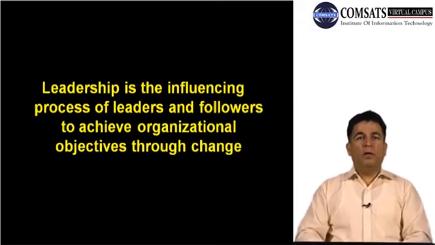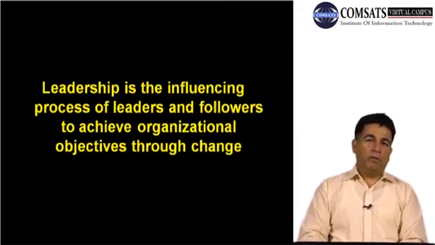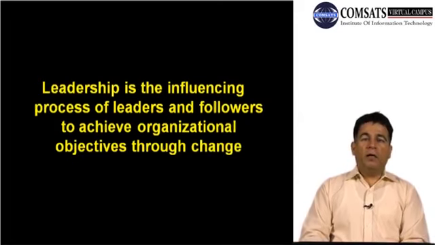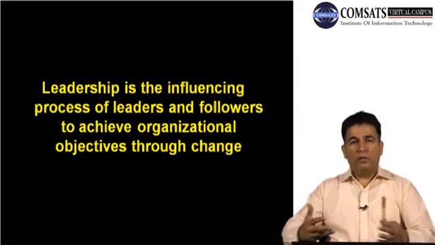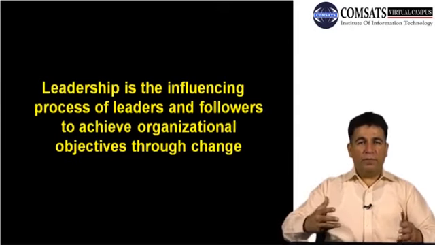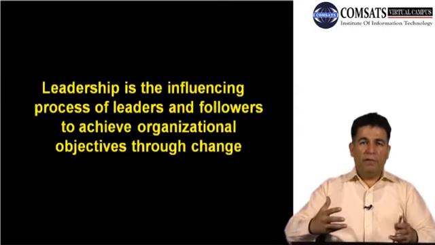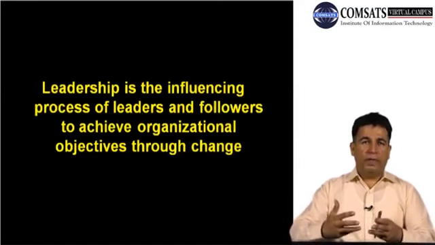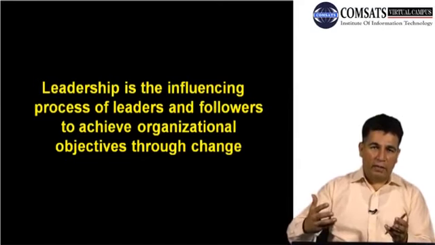The next factor in which change is required is our organizational structure. This is really very important, as we talked about earlier, that we need to make our rules and regulations according to the ground reality.